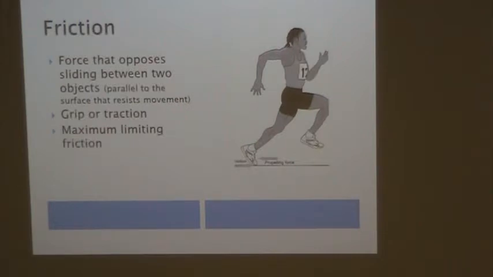Now, think about sports and physical activities. You might think back to your book: what are some situations in sport where you don't want any slipping? You want the propelling force to be equal to the friction force.